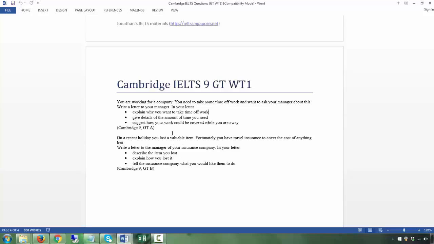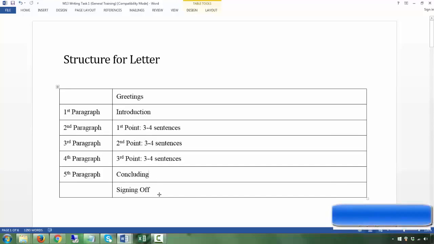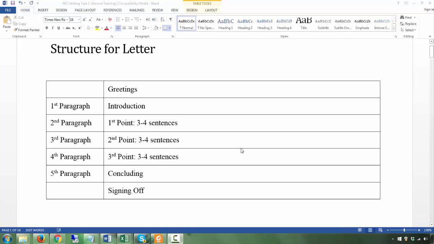Then you will be able to reach that 3 to 4 sentences per paragraph per point. Then you have a concluding paragraph, which is about 1 sentence, and then pretty much you will sign off. Okay, all right, let's get into the various parts now.